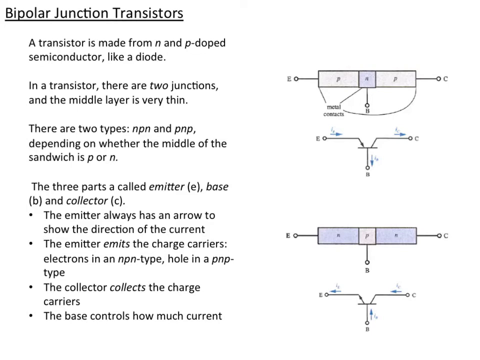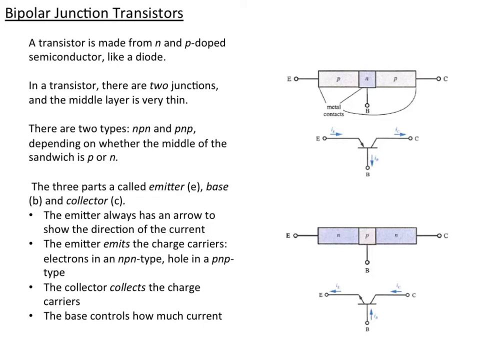So a transistor of this kind is made from N and P doped semiconductors, just like a diode, except now there are two junctions, and you either go from an N dope to a P dope to an N dope, or a P to an N to a P, giving rise to the two kinds of bipolar junction transistors there are, NPN and PNP.